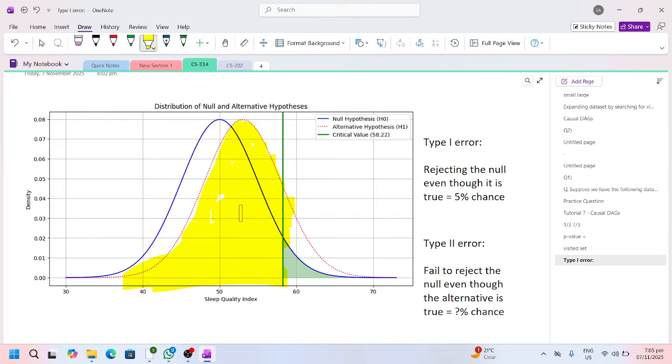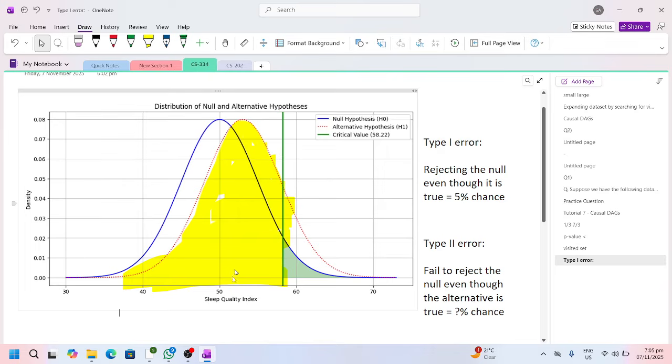I will fail to reject it. I am highlighting the area only under the red curve because we are assuming that the alternative is true. So ये जो yellow में area highlighted है, this is the probability of a type 2 error, which is a lot for this particular example.